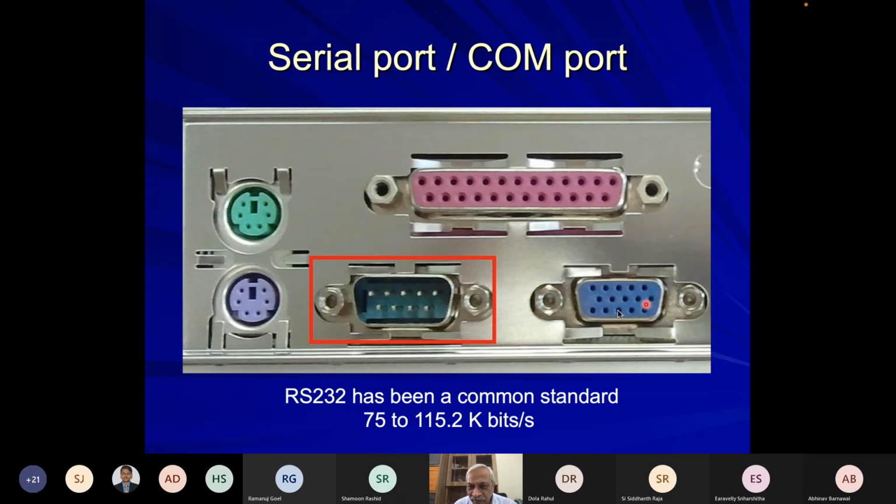This is for graphics, a VGA connector, and these are for keyboard or mouse. This is what is called a serial port or COM port, and it follows a serial standard called RS-232. This supports many different speeds, many bit rates, ranging from this to this.